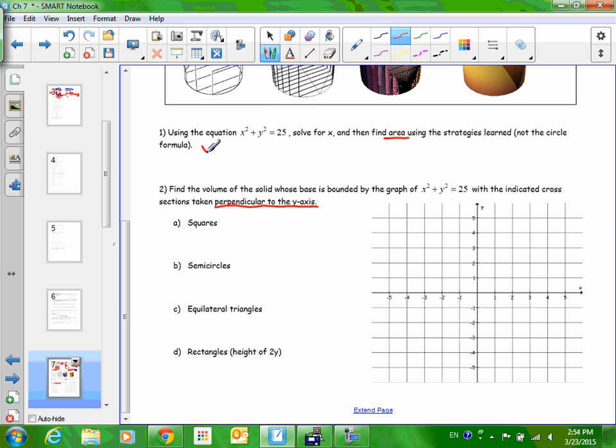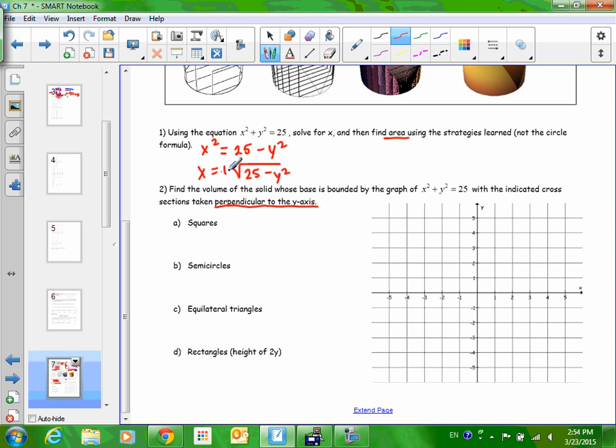x squared would equal 25 minus y squared. And then x is not 5 minus y. That's math gel if you do that. It is going to be the square root of 25 minus y squared, which does not simplify to 5 minus y.